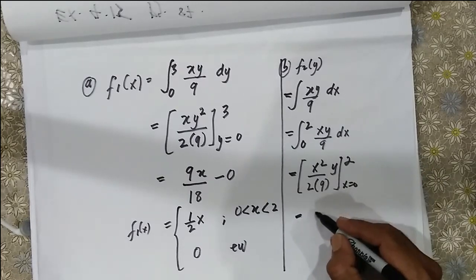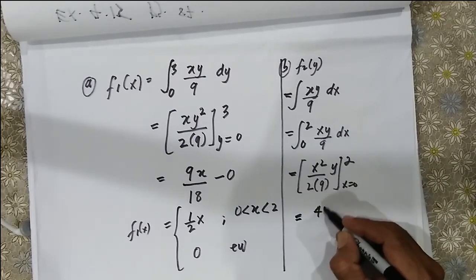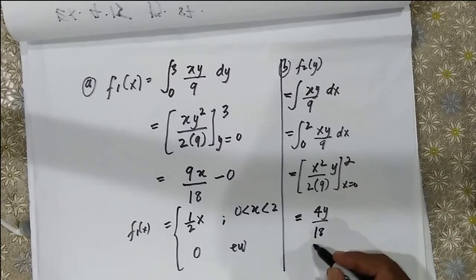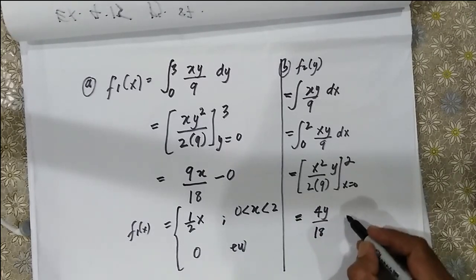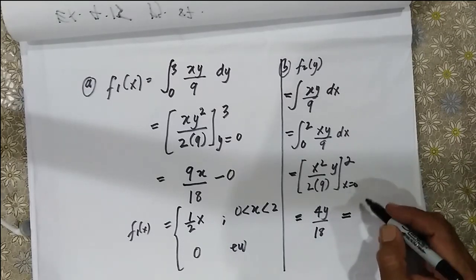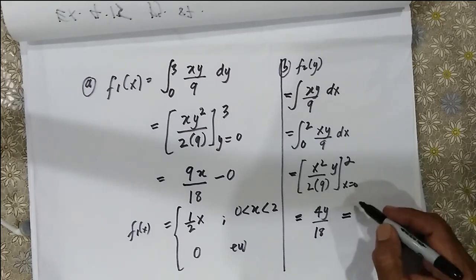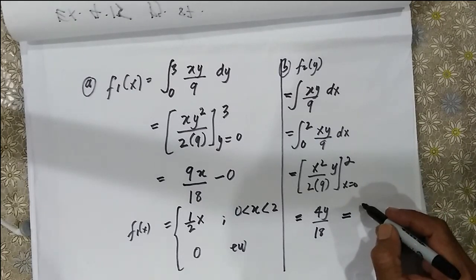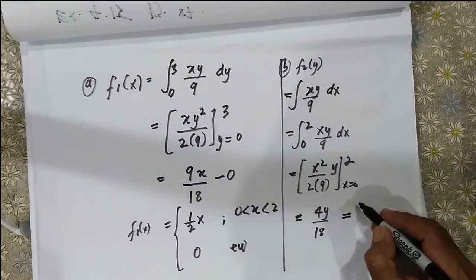So I will have 4y over 18, which is equal to 2 over 9 y.